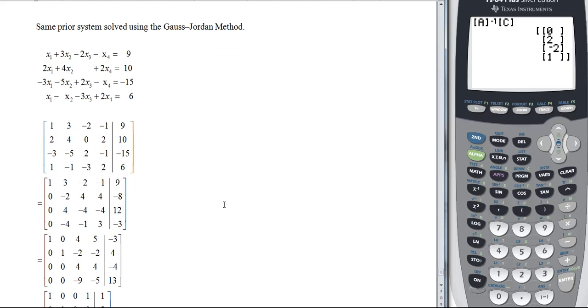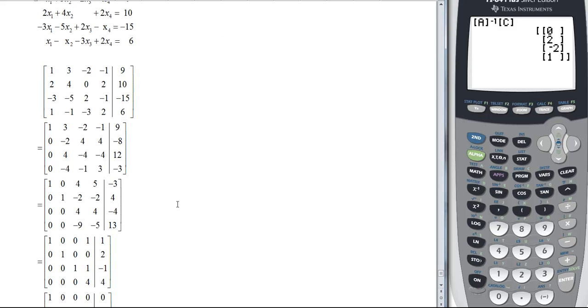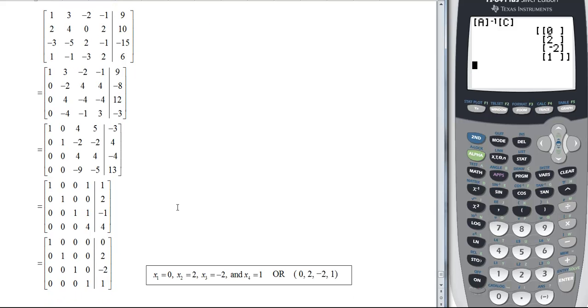And you could practice this. Remember, you're going to have some on the test where you actually have to tell me what the row operations are and then give me the resulting matrix. And you do need to know how to do this again. You gotta. So, if you'll notice, the 0, 2, negative 2, and 1 happens to be the very same values that I've got over here.